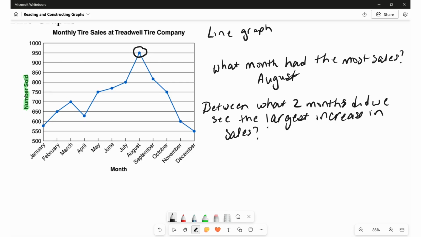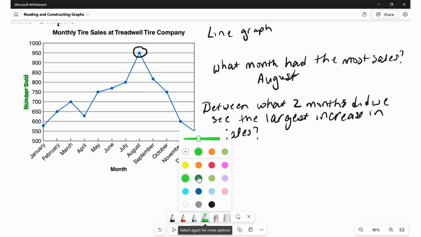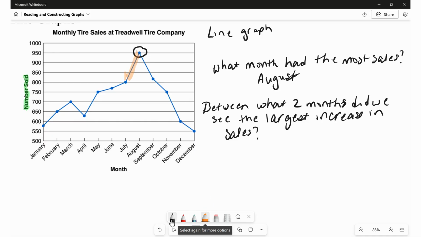Well, if we're looking at the largest increase, we're looking at where the line is the steepest. Okay? And our line happens to be the steepest right here. So that means that between July and August, we saw the largest increase in sales.